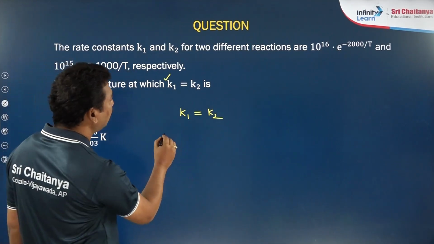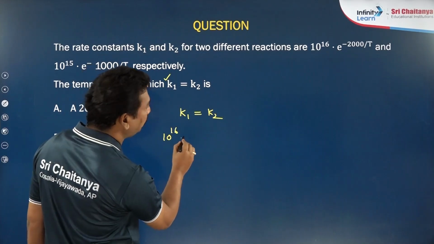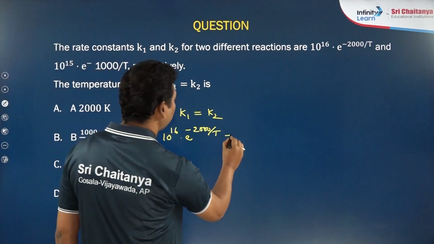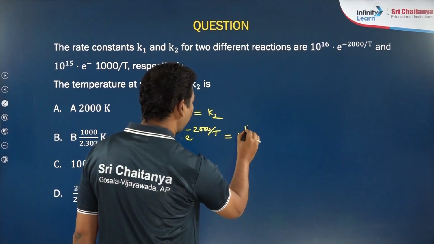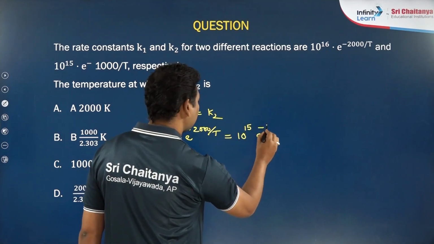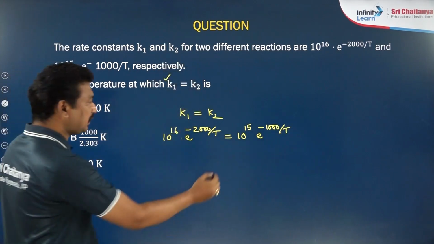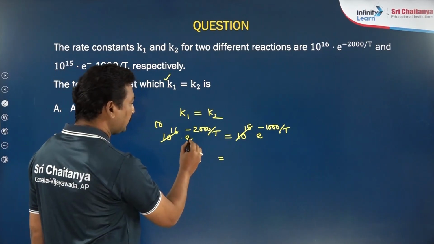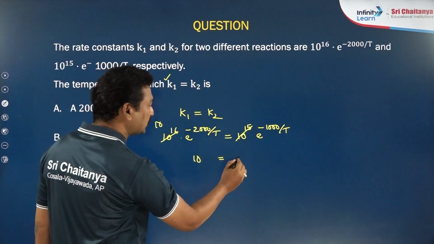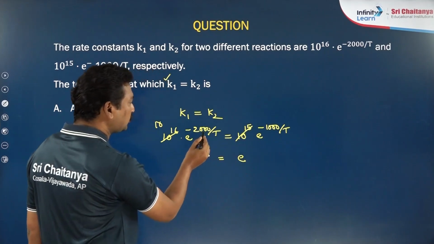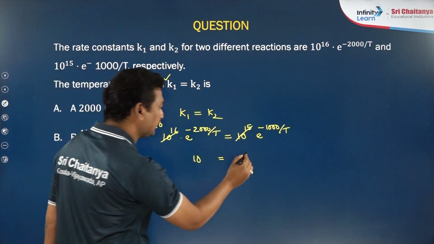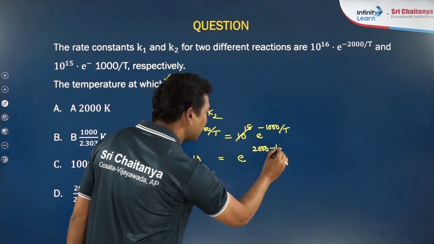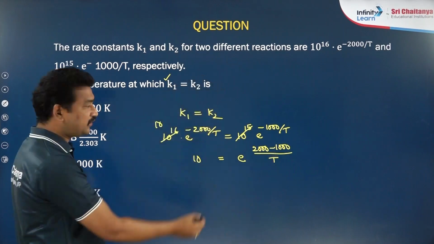What is K1 given? 10 power 16 e power minus 2000 by T is equal to K2, 10 power 15 e power minus 1000 by T. Between 10 power 15 and 10 power 16, the ratio is 10 times, so 10 is equal to, when you bring e power minus 2000 by T to the opposite side, it becomes e power plus 2000 by T, and there is still a minus 1000 by T. Did you get this?